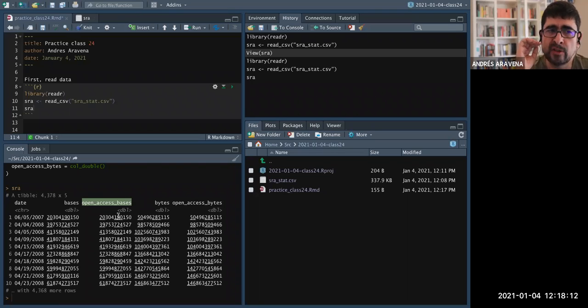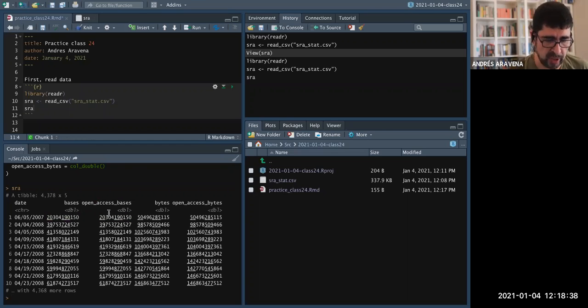So there is some data that is in the database, but it's not open access, it's not public yet. The time between when you put the data in the database and when everybody can access it is called the embargo time. An embargo is like 1 year, 6 months, maybe 2 years. So the difference between the second and third column is how much data is embargoed.